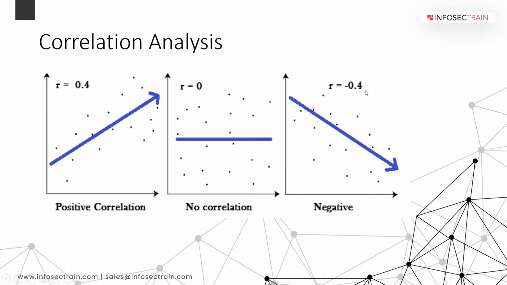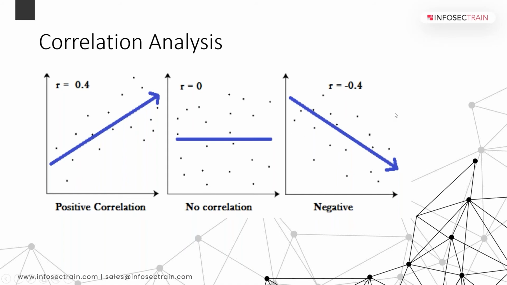And this value, 0.4, shows there is a moderate correlation. If the correlation coefficient's value is greater than 0.7, it's not a standard cutoff, but if we take a cutoff value of 0.7, we can simply say that if the correlation coefficient value is greater than 0.7, then it's a strong positive correlation.